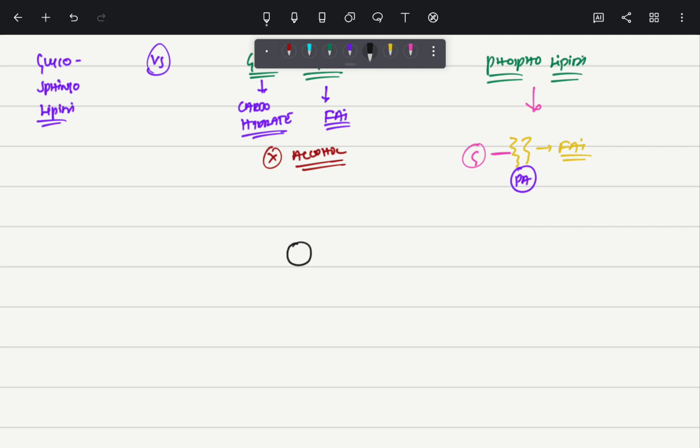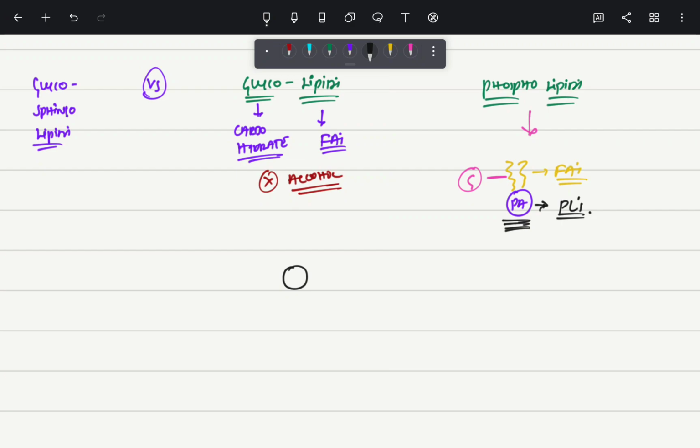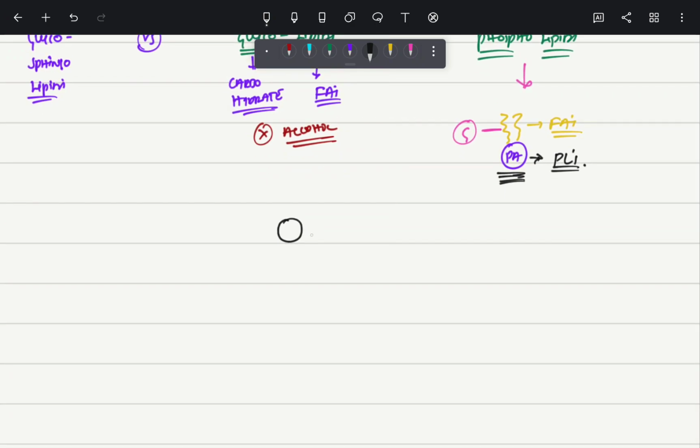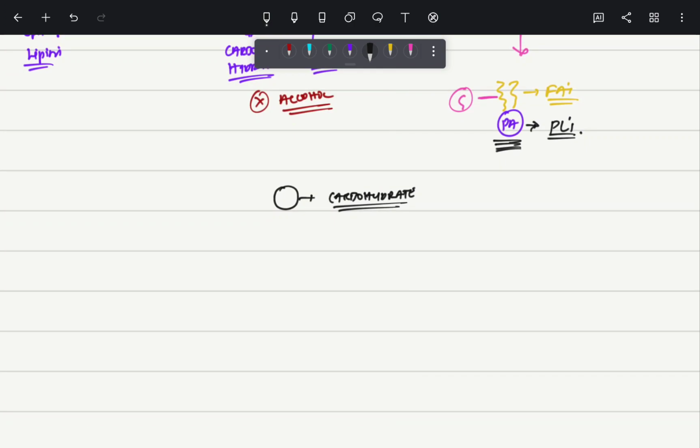Here, as you can see, this is the phosphoric acid which is present in your phospholipids. But in glycolipids, the phosphoric acid is replaced by a carbohydrate, and this carbohydrate can be anything such as your glucose or galactose.